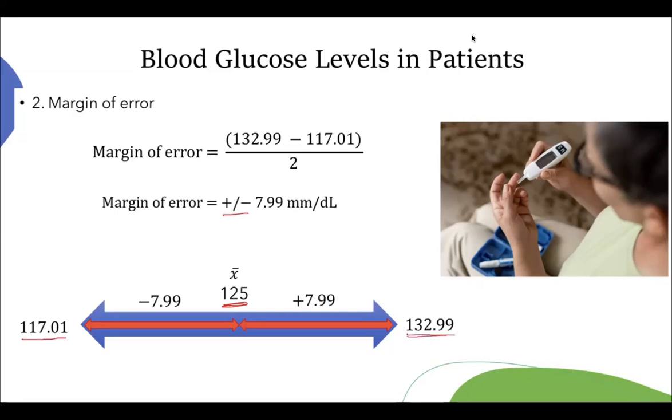This means that we could write our confidence interval in 2 ways. We can either say 117.01 to 132.99, and I mean the word 2 here, or we can write it as 125 plus or minus 7.99.